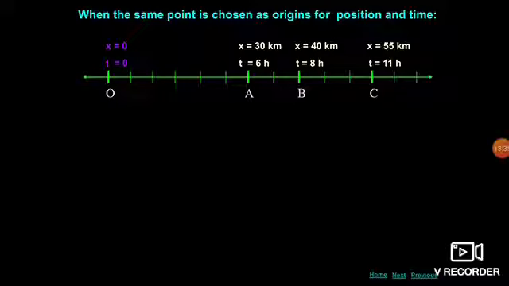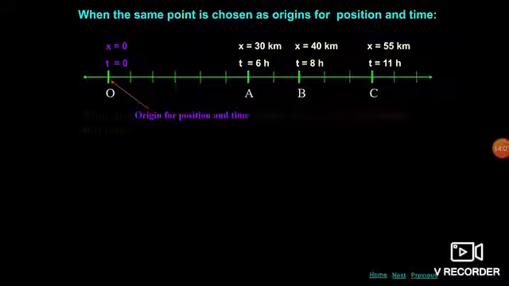That is, displacement or distance is also 0 at the same point, and time is also taken to be the same. Point A is considered to be 6 hours from the reference point, whereas x is 30 km. Again, point B is 8 hours, distance or displacement 40, and C is 11 hours, distance or displacement 55 km. This is one set of examples.